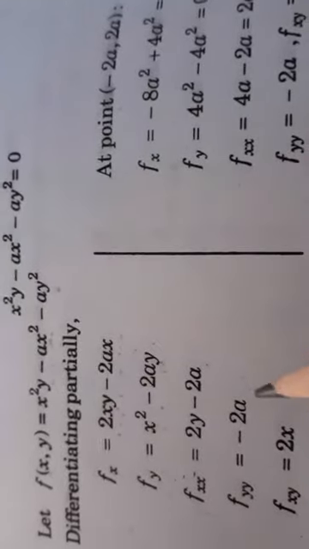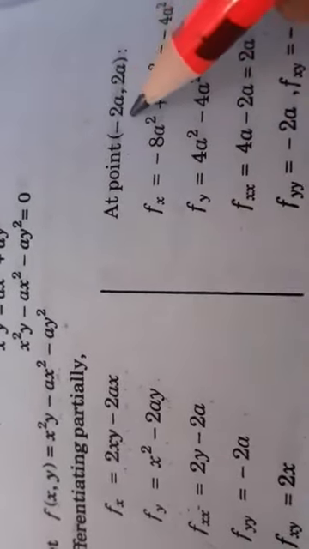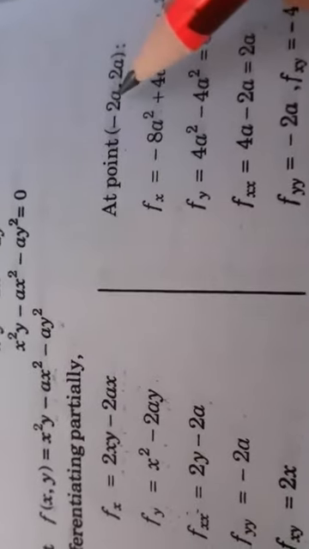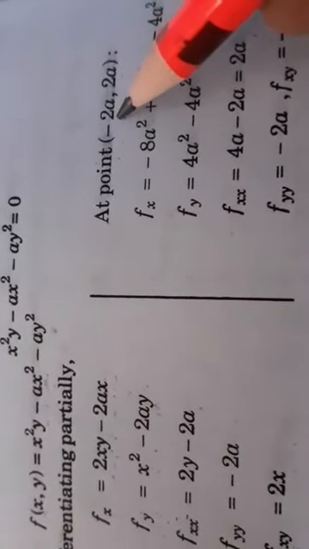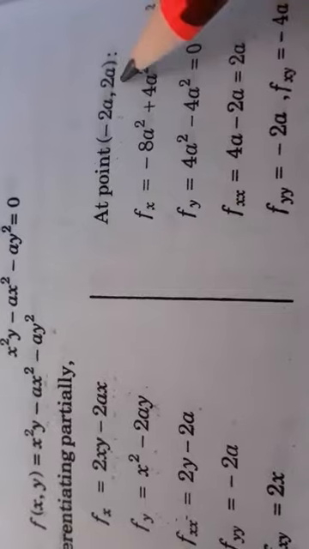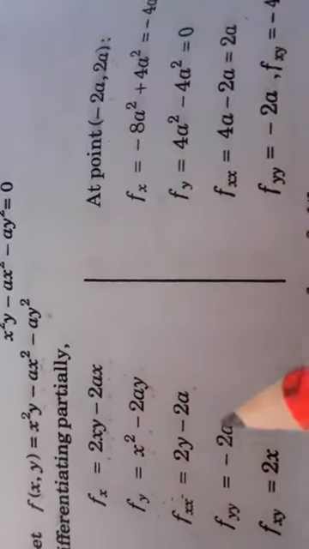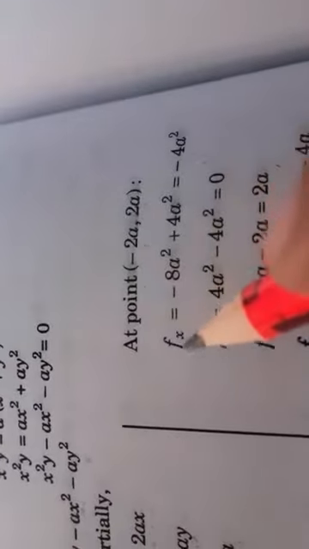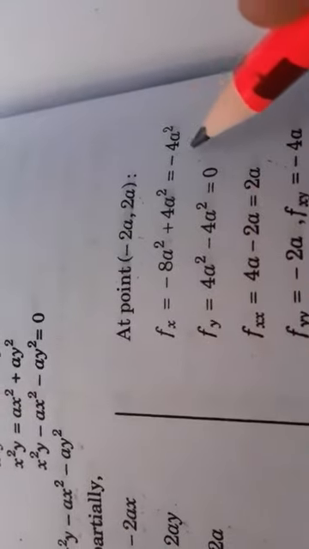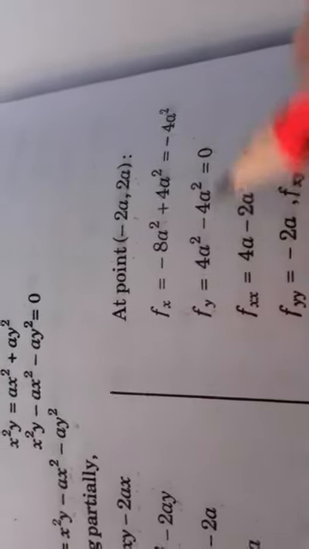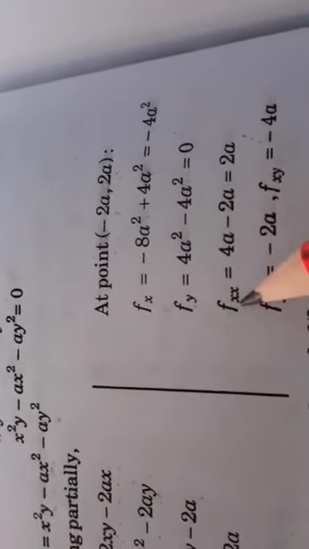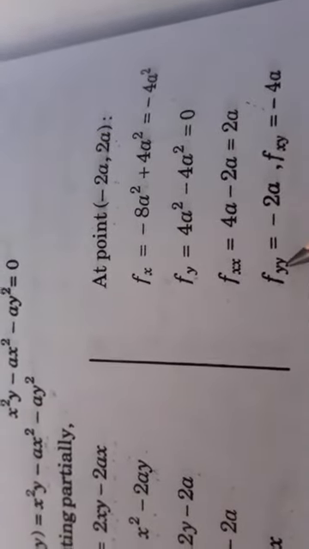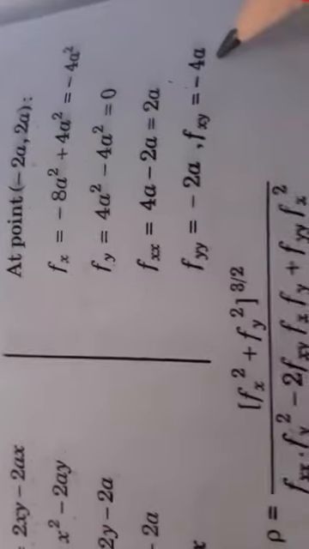Now we are to find the radius of curvature at this point (−2a, 2a). Put the value of x = −2a and y = 2a in these derivatives. Computing, fx becomes −4a², fy becomes 0, fxx becomes 2a, and the double derivative of f with respect to y becomes −4a.